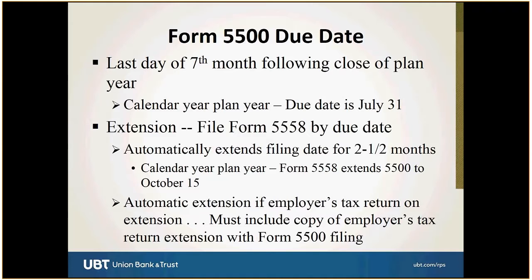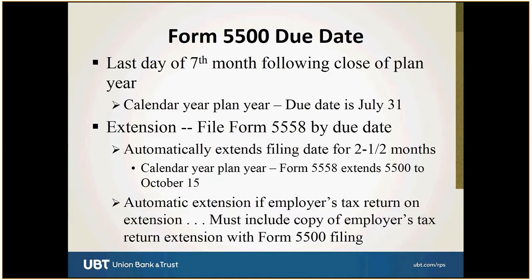So what happens is, if you don't file your Form 5500 on time, but you have filed that 5558 by July 31st, you get an automatic 2.5-month extension. For a calendar plan year, that means the extension goes to October 15th.